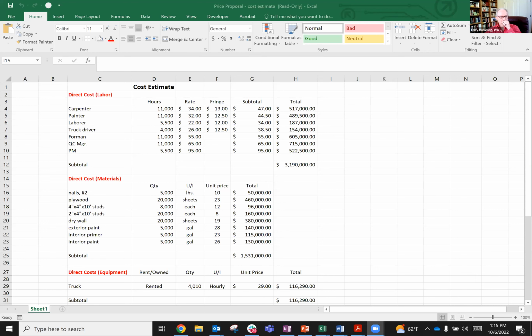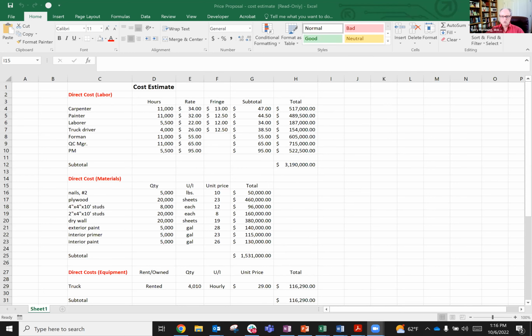But okay. If I'm successful, you all should be seeing an Excel file on my computer right now that says cost estimate. So yes, this is one of your handouts that I want you to turn to. What I've done here is created a very simplified cost estimate. As you go down through that page, at the top, you'll see direct costs. That's the labor portion of your direct costs. Next is materials, followed by equipment.